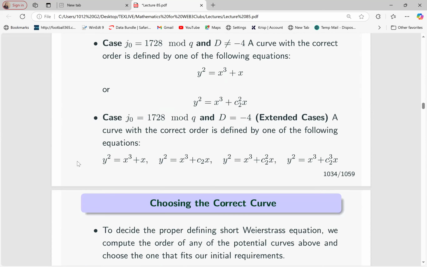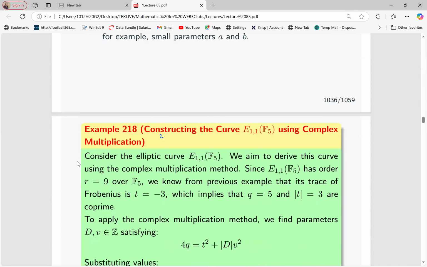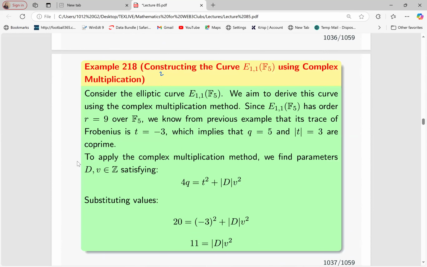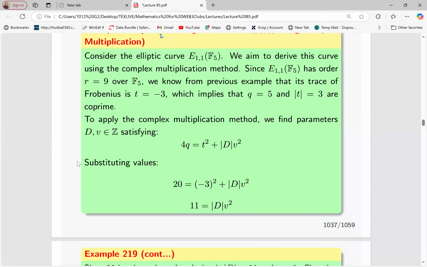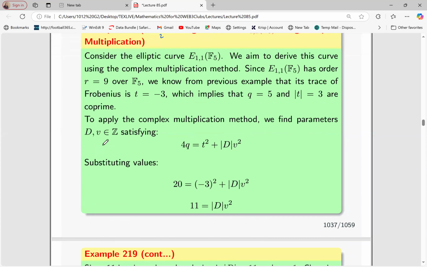Now, in our example, we have our Q as 5. We have our T as 3. And we want D to be less than 0. That's one thing you need to know. What were the conditions? The one I remember is D should be less than 0.